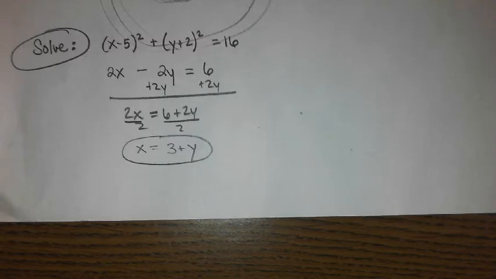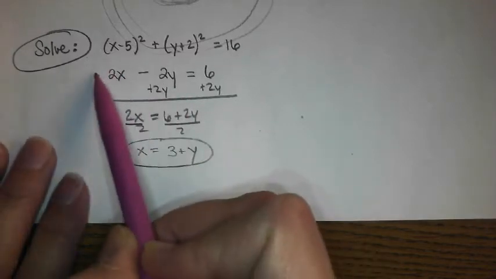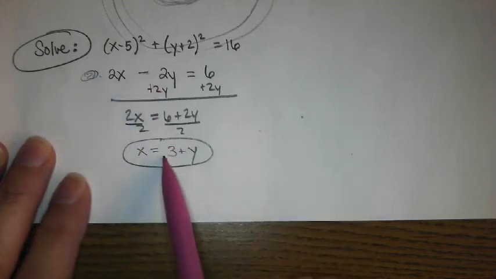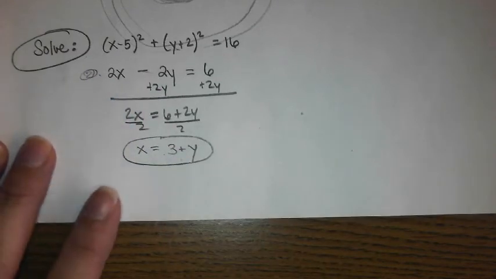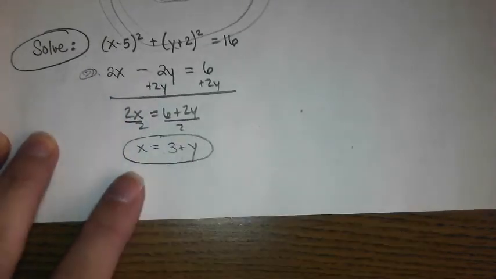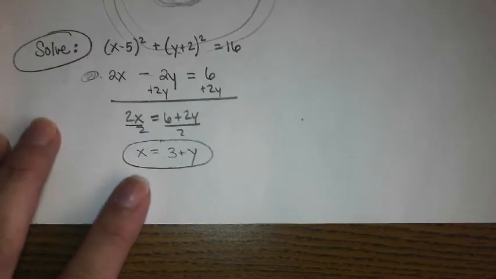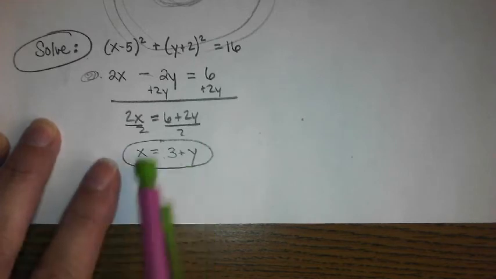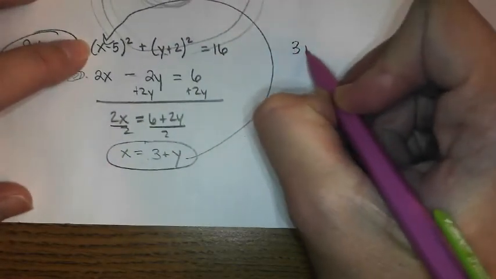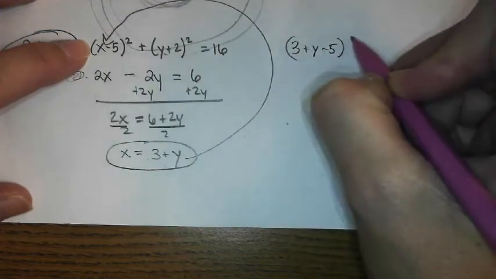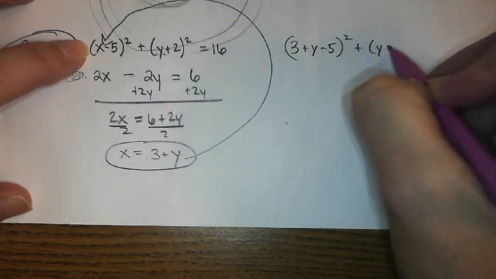Okay, so now once we solve for a variable from the second equation, what do we do with that? Plug it in. Plug what in for what? Plug in 3 plus y for x in the other equation. So that's going to be 3 plus y minus 5 squared, and the rest is the same.